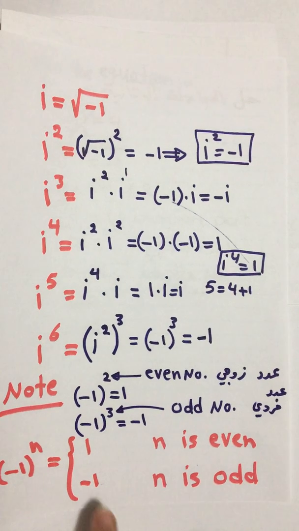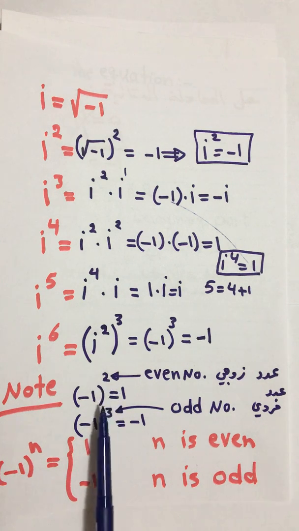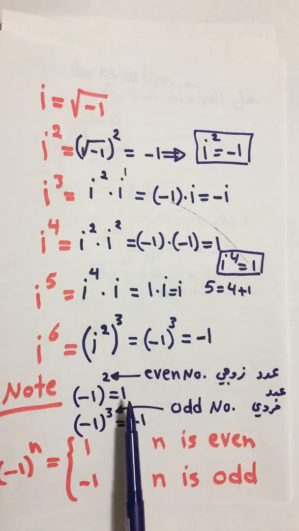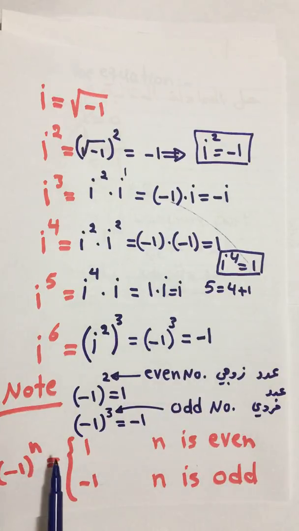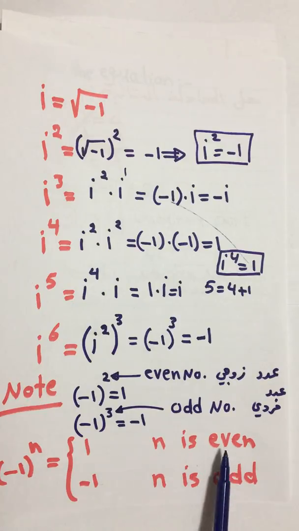If the power is odd we keep the negative sign, and if the power is even the negative goes away and 1 remains. So negative 1 to the power n: if n is even the negative goes away, and if n is odd the negative stays.